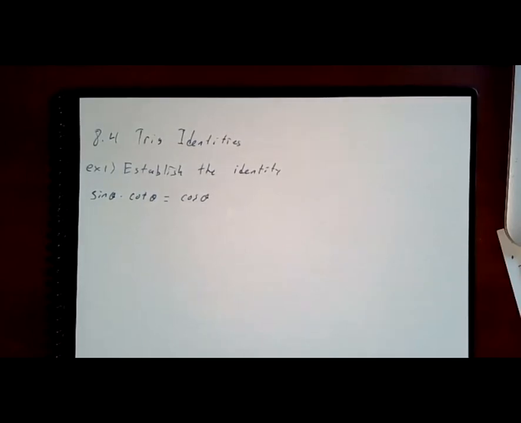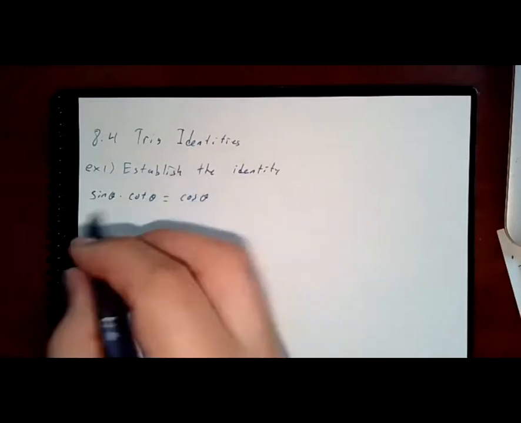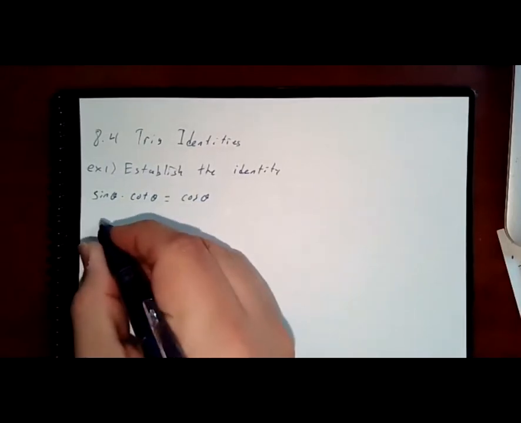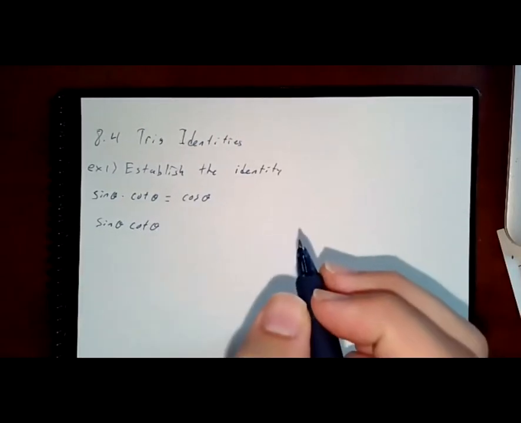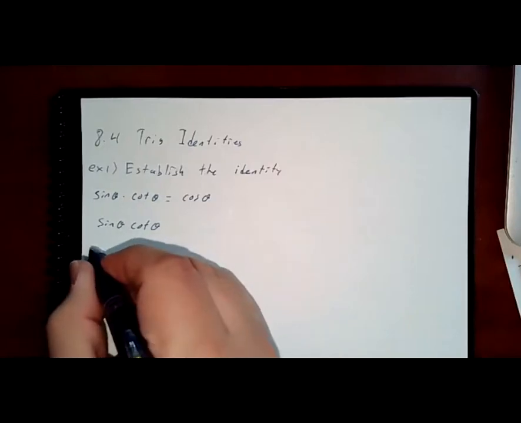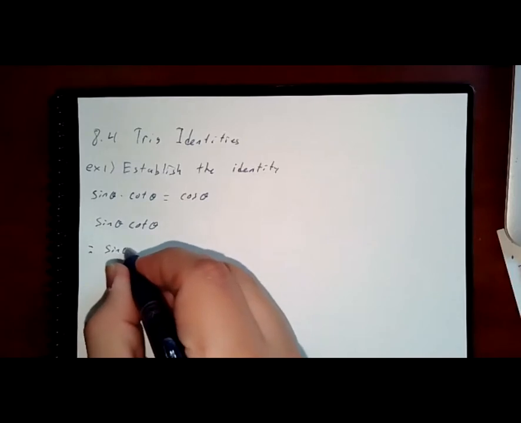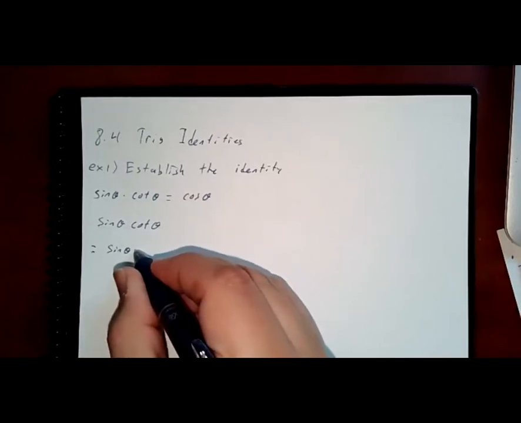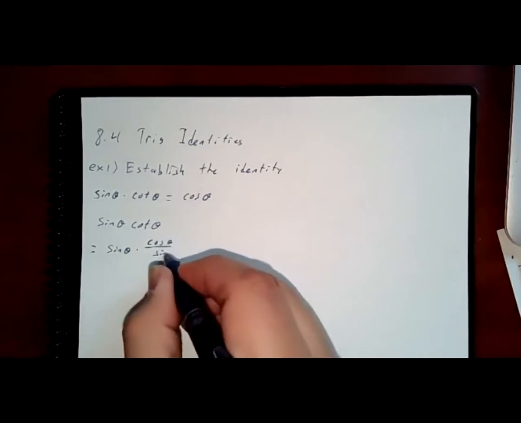So the idea is to prove that this is true. You pick a side and try to do algebra or use identities to get to the other side. I advise that you pick the hardest, more complicated looking side, so I'm going to pick this side. Then I'm going to use the quotient property, which basically says that cotangent is equal to cosine theta over sine theta.